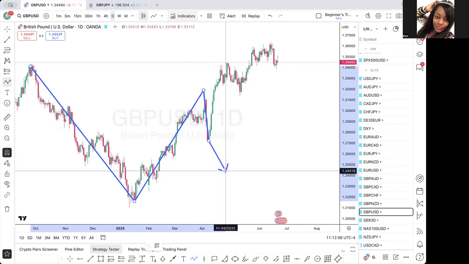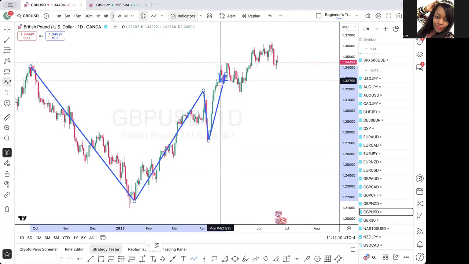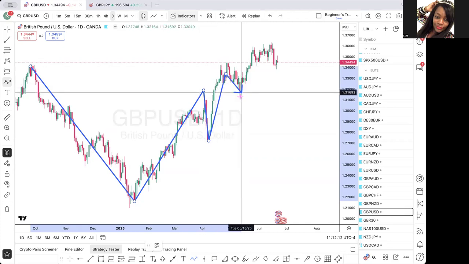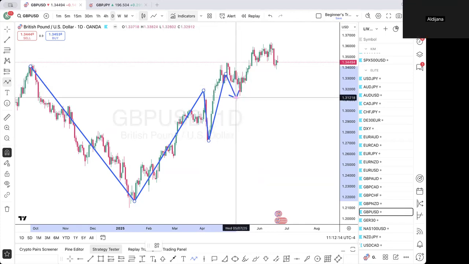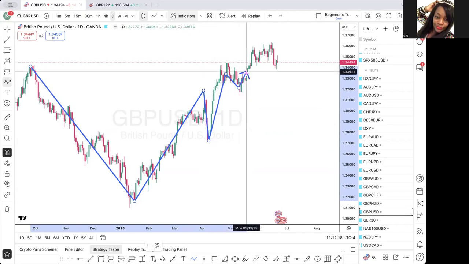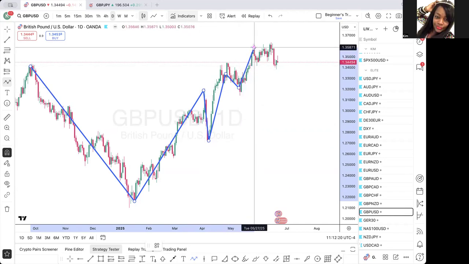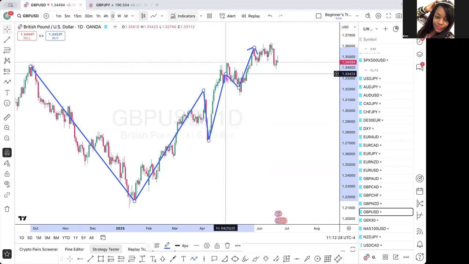Instead of coming back and selling, it then turned around. So you can mark up that zone. This broke some lows, right? And then this broke some highs. So when you're breaking your highs and your lows, that's what you want to mark up.